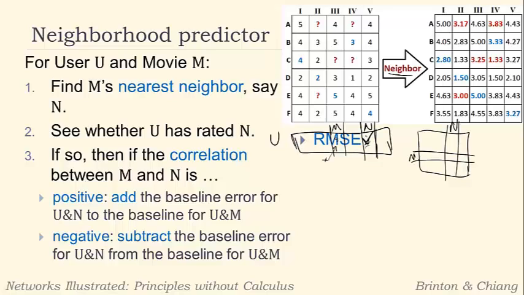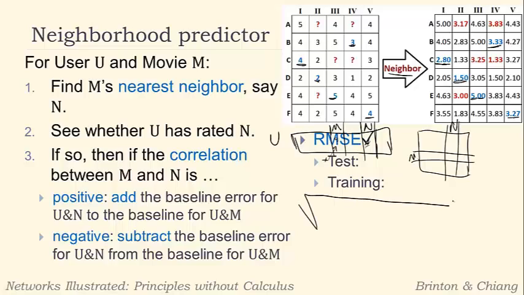Now this is a little hidden right now, but for the RMSE, let's figure out what it is for the test set and for the training set. We want to see how much better we're doing now that we've done the entire neighborhood predictor than what we were doing before. For the test set, we have 4, 2, 5, 3, and 4, and we're comparing that to 2.8, 1.5, 5, 3.33, and 3.27.